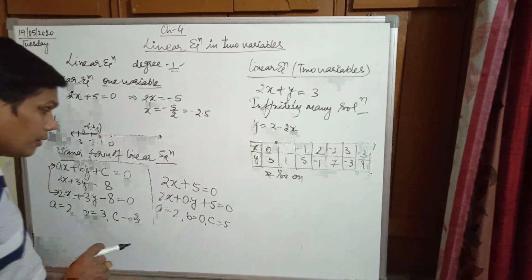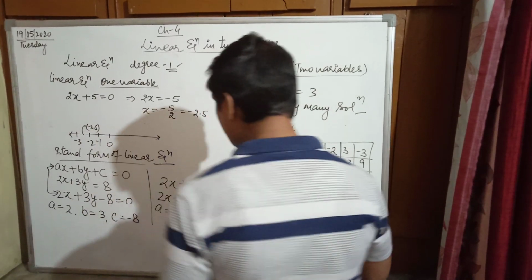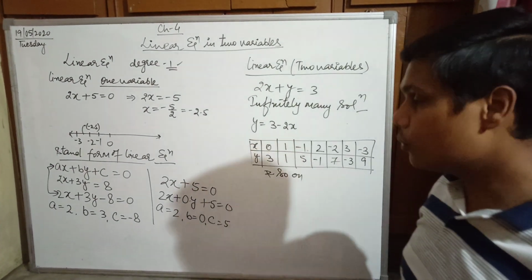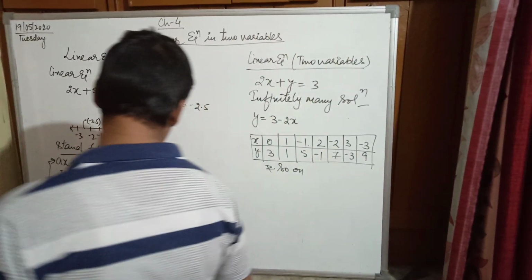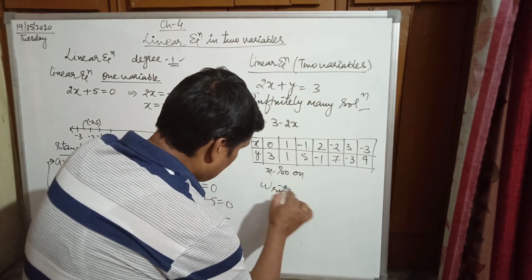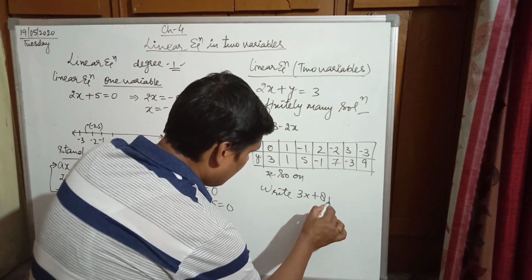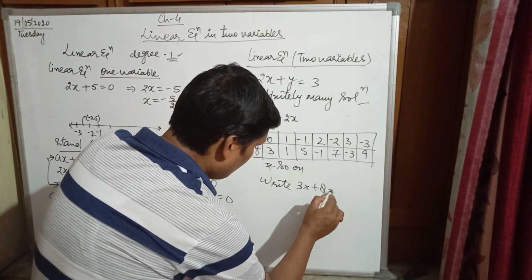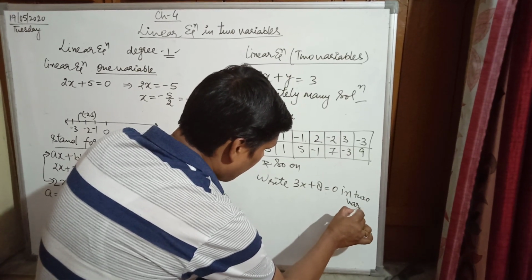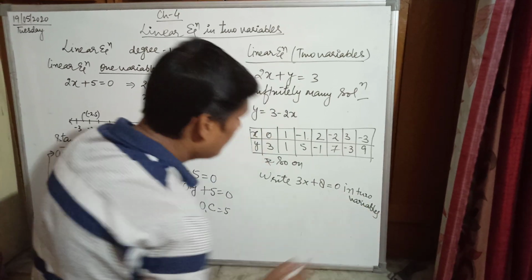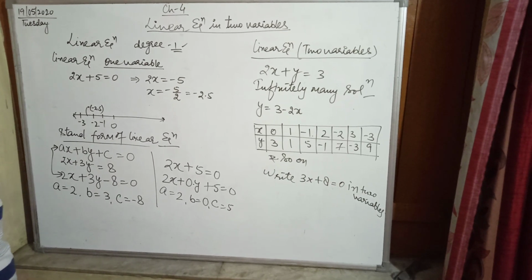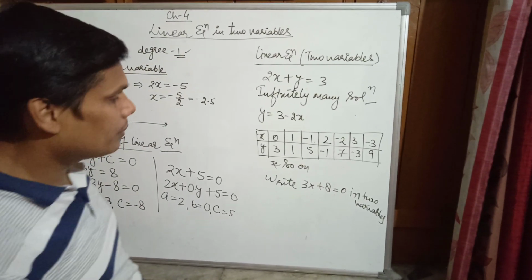In this we also learn how we will write a single variable equation as a two variable equation. Suppose one question is given: write 3x plus 8 is equal to 0 in two variables. We have to convert it into two variables.